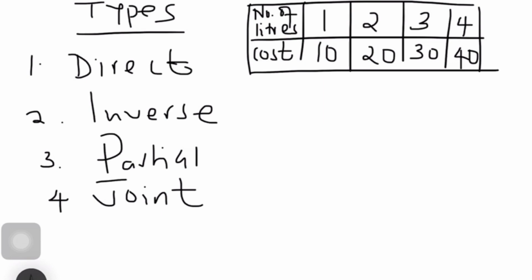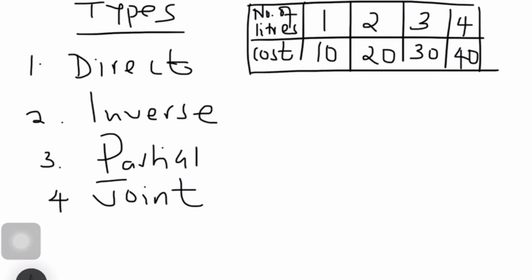We can see the way the liters and the costs are directly relating to each other. They vary directly, because from 1 liter to 2 liters the difference is just 1 liter, and from 10 to 20 the difference is 10. From 2 liters to 3, the difference is 1 liter, and the cost from 20 to 30 is still 10.